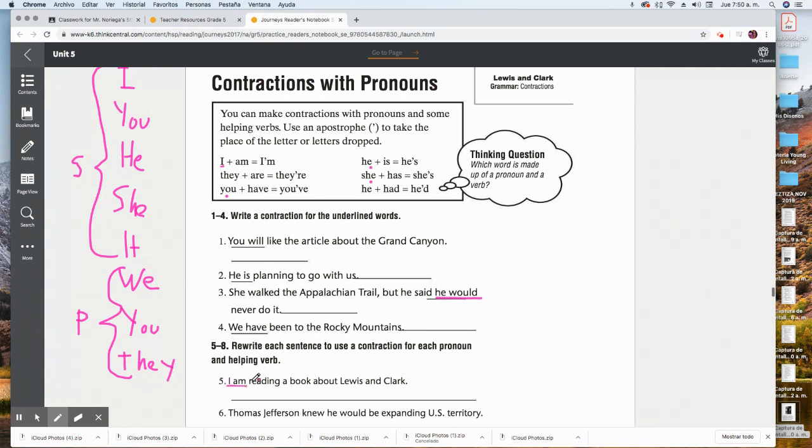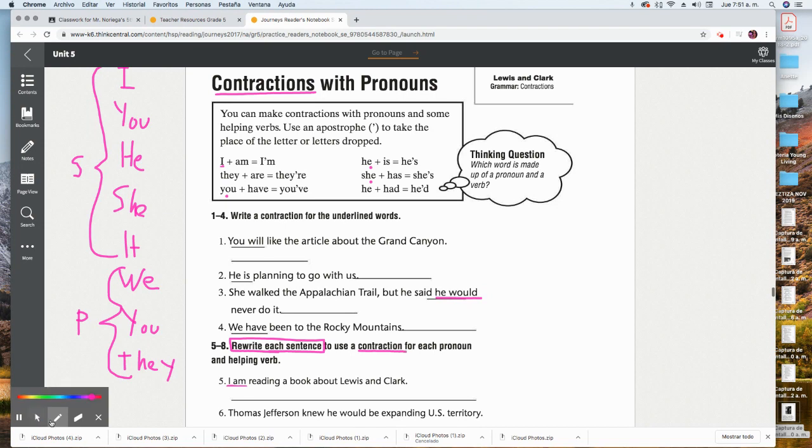So I am. I'm going to replace these two words with a contraction, and then write the rest of the sentence. Don't forget to write the whole sentence, please, because it says right here, rewrite each sentence with a contraction.